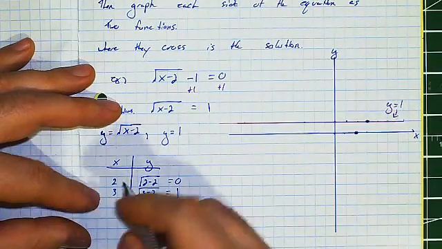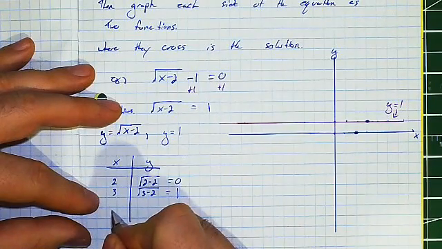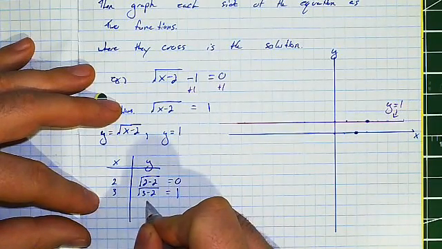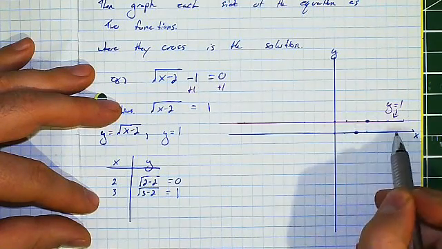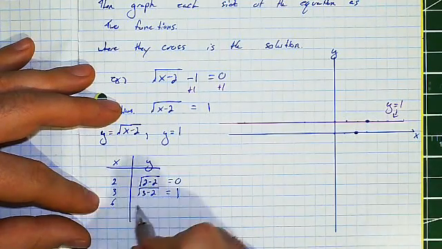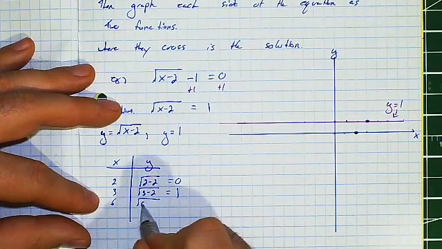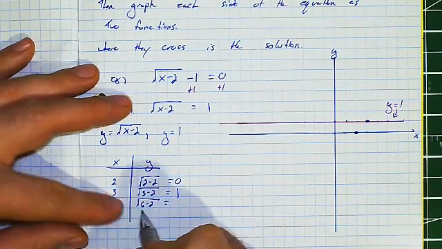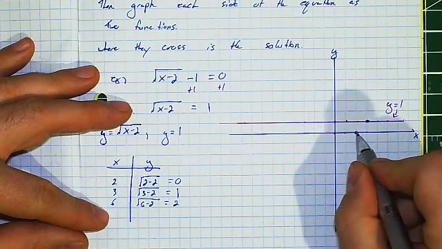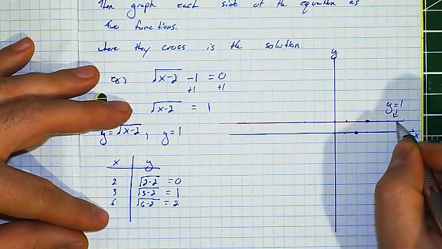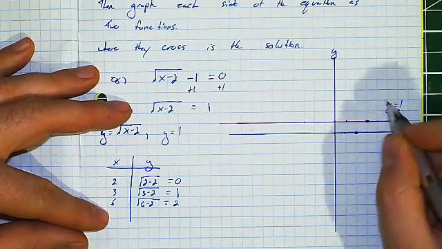You technically can stop there, we know where they cross, but just for the sake of it, we'll pick a number that's nice and easy. Let's go with an extreme example. Let's go 6. The square root of 6 minus 2 is the square root of 4, which we know is 2. So when x is 6, my y would be 2.